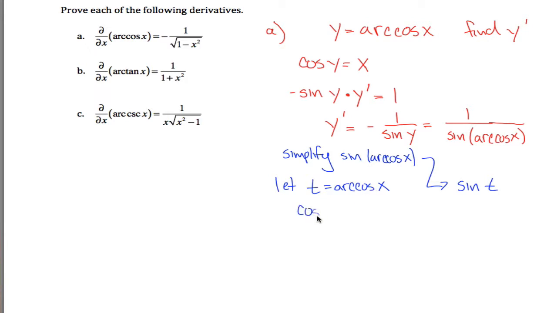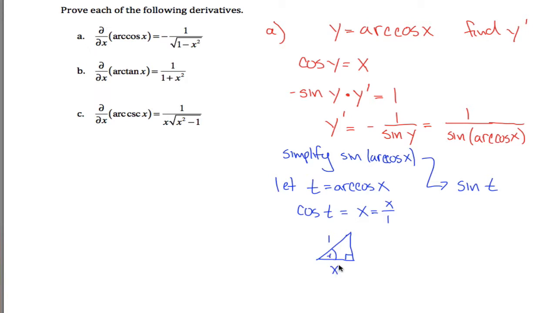I know t is arc cosine of x. So if I take the cosine of both sides, I get cosine of t equals x. Instead of x, it might help to think about it as x over 1. The reason that's beneficial is then you can draw this little picture. T is an angle in my right triangle. Using SOHCAHTOA, the side adjacent to my angle is x, and the hypotenuse is 1.